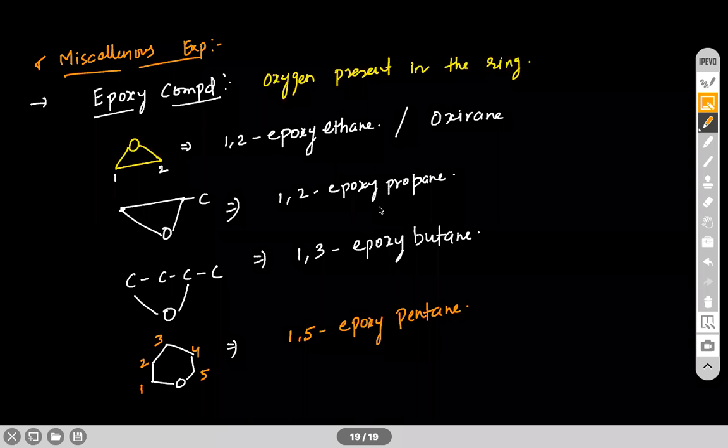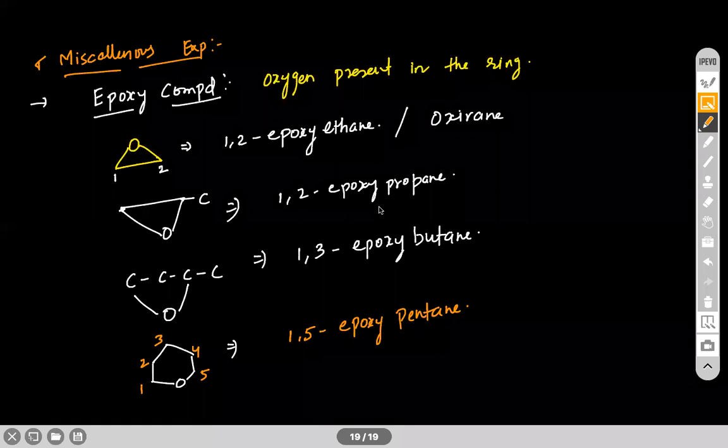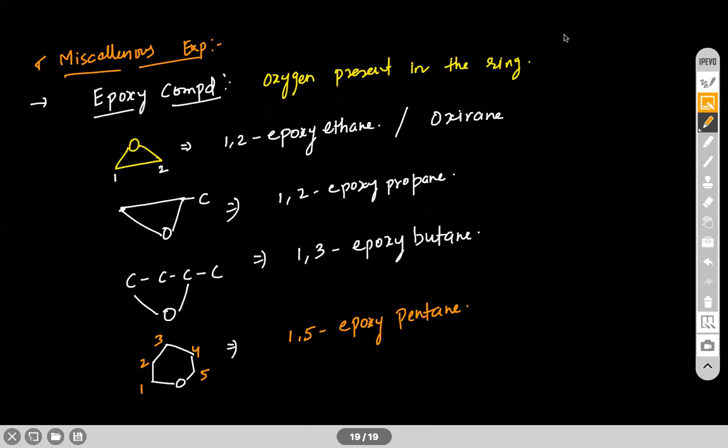Now, like I said, there are a few miscellaneous rules we have here that we'll also see. Write down one note. No, it's not cyclo, it's simply pentane.